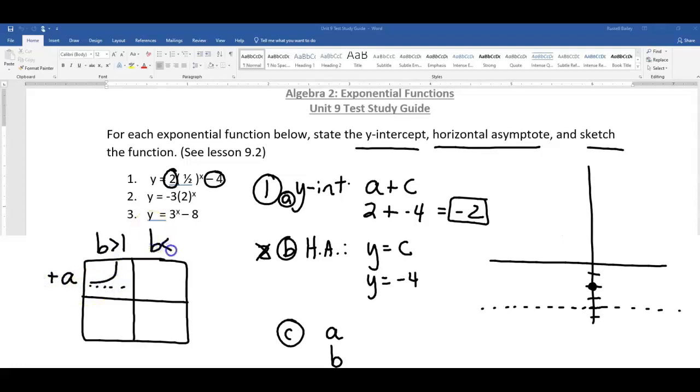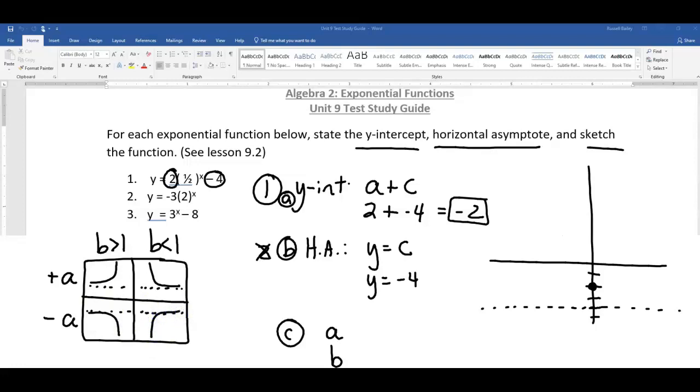Whereas if b is less than 1 and a is positive, the graph looks like this. Now if a is negative and b is greater than 1, I should redraw that actually. It gets flipped upside down, so it would look like this. And if a is negative and b is less than 1, then it gets flipped upside down also.